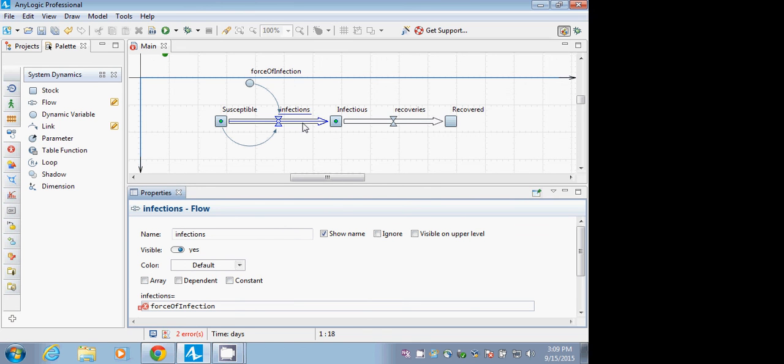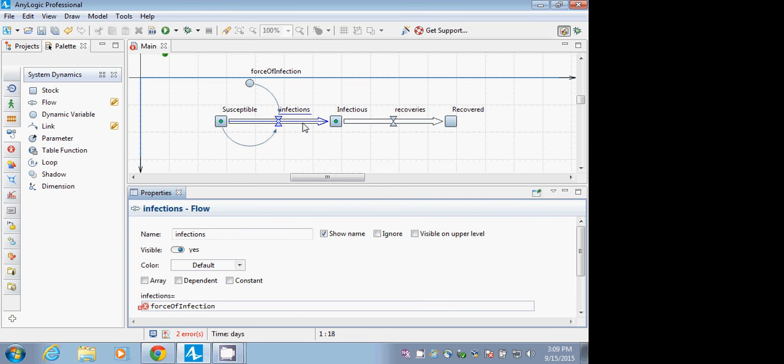And then you're going to tell me the rest. Surely what must the rest depend upon? Number of susceptible. It's got to depend on that.